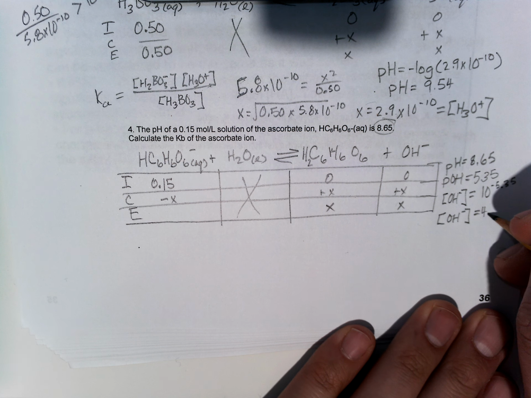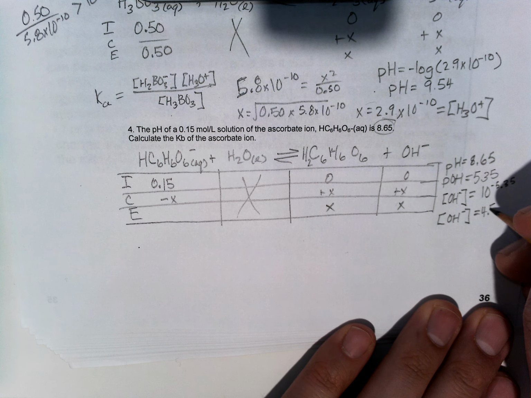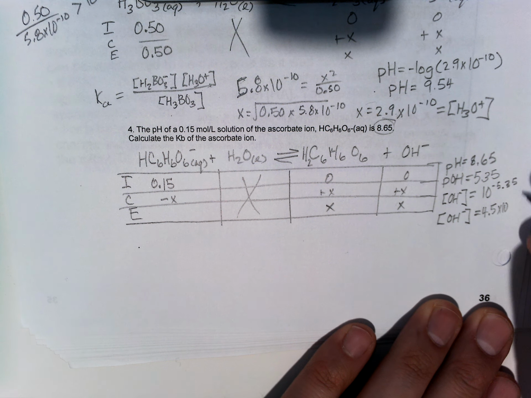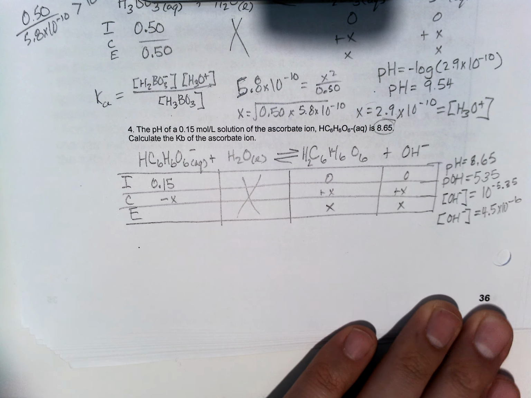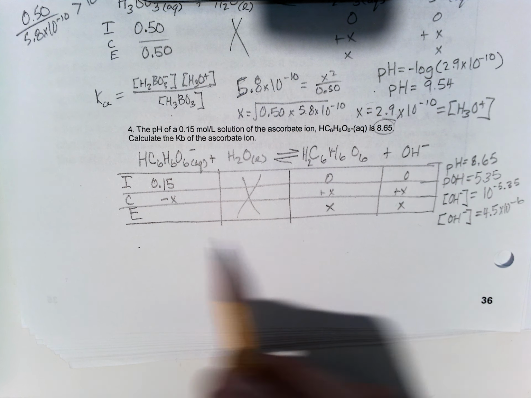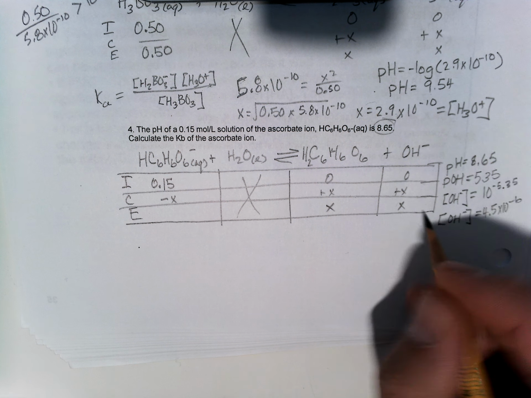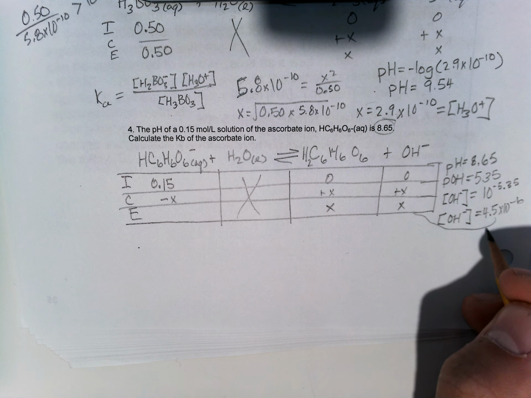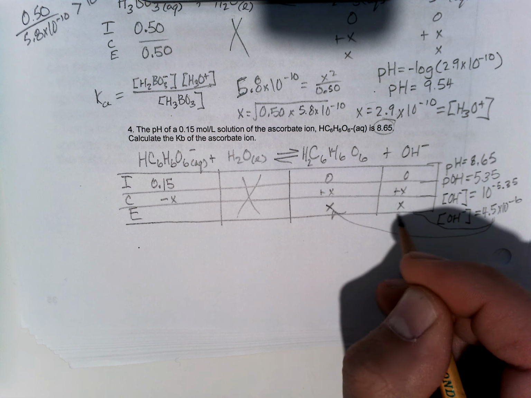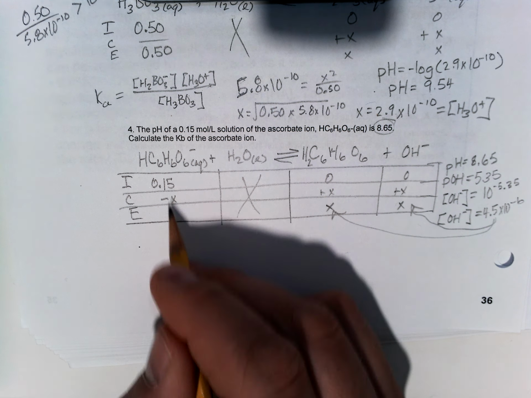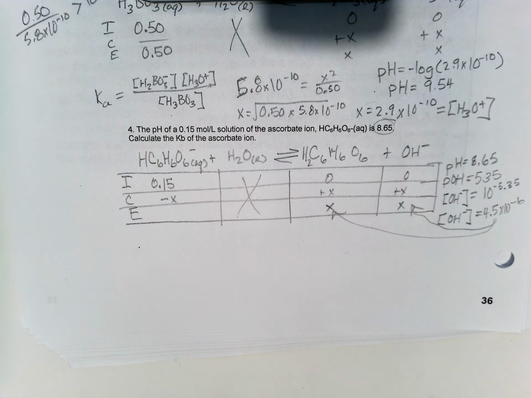And so then we know that both of these are this number. And then this is going to be minus x. So if we go 0.15 minus the 4.5 times 10 to the minus 6, you get 0.15. So this doesn't change. It's such a small number that it doesn't change this number.